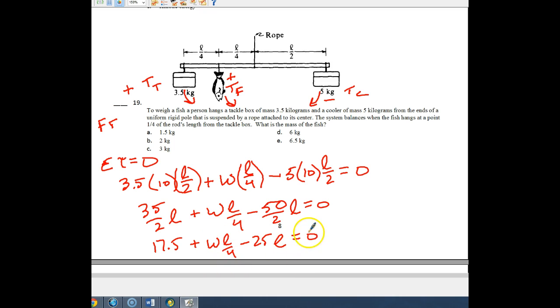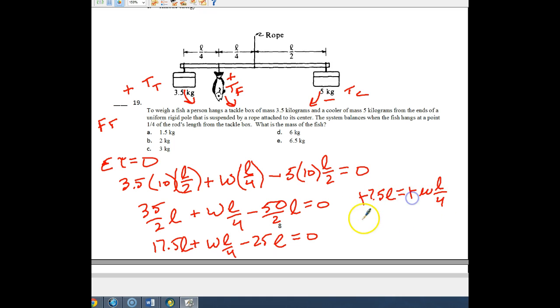Let's move this to the other side and do our math with the other two. Oops, that's 17.5 L. So when I take the 25 minus 17.5, I get negative 7.5 times L is equal to negative W times L over 4, where this W is weight, not omega, just weight.